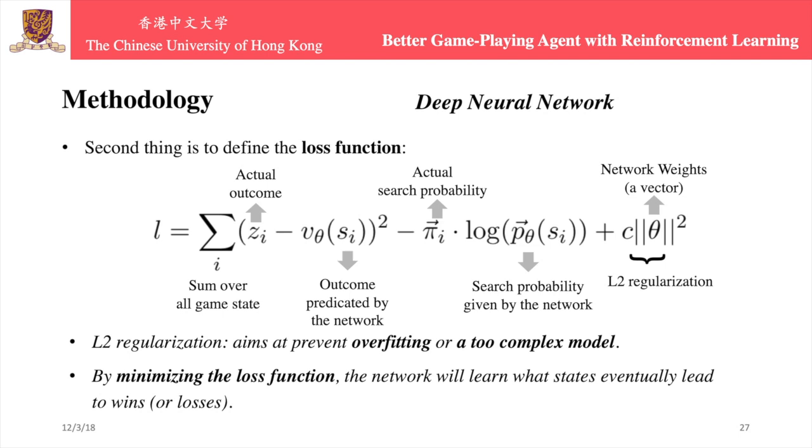By minimizing the loss function, the neural network will finally learn what states will lead to wins or losses, and give search probabilities similar to the actual search probabilities.